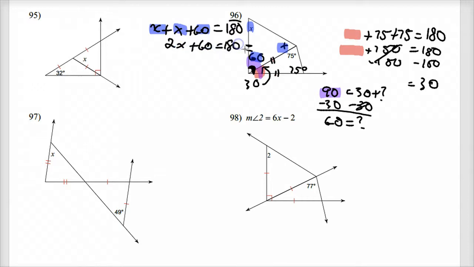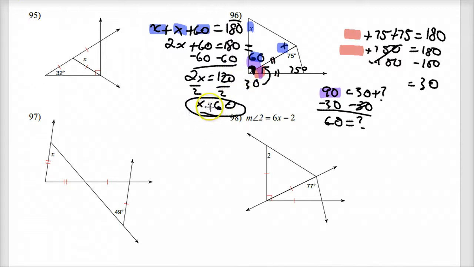And then we could subtract 60. 2x then equals 120, and divide by 2, x equals 60. That's kind of interesting. We got 30, 60, 60. Whoa, check this out. It's an equilateral triangle. That side is also equal. Whoa, that just snuck up on me.